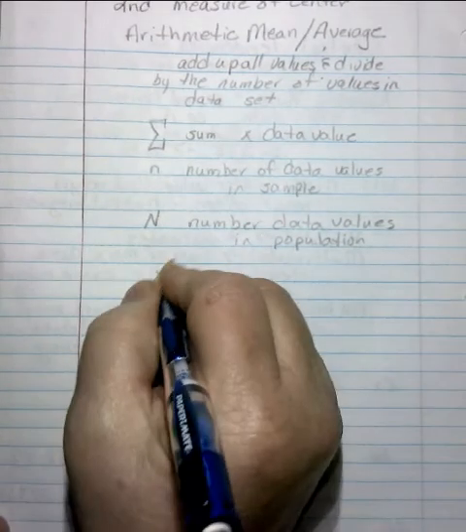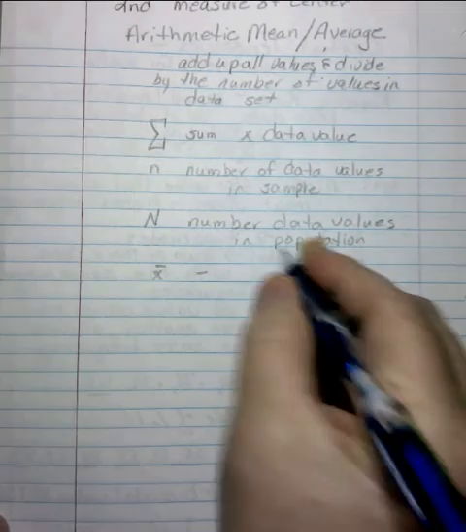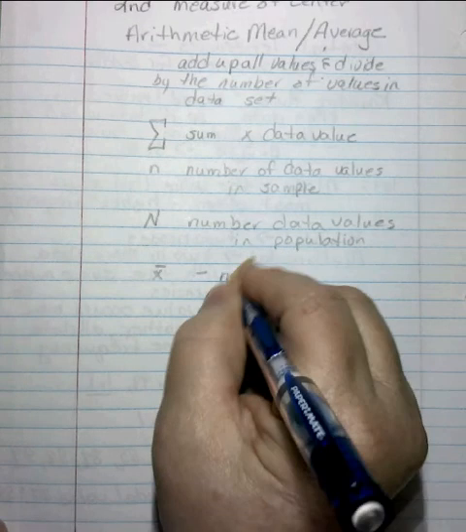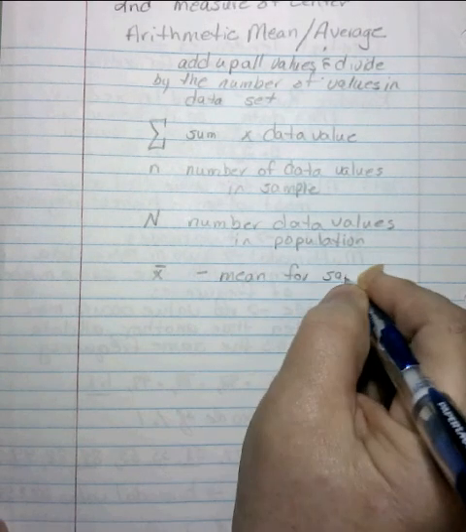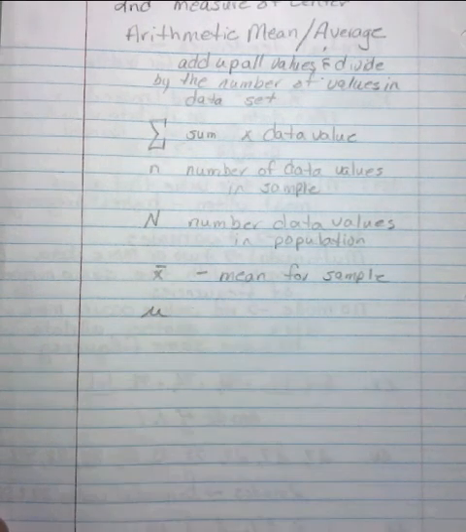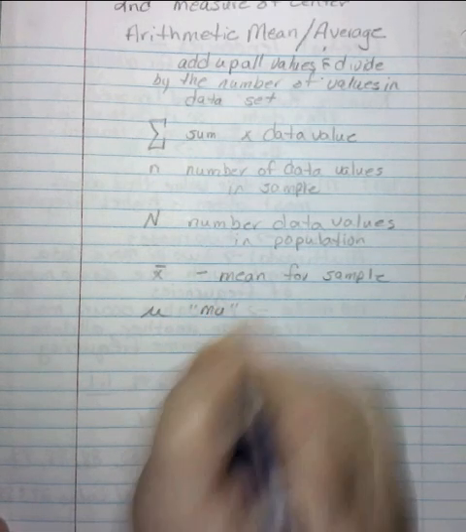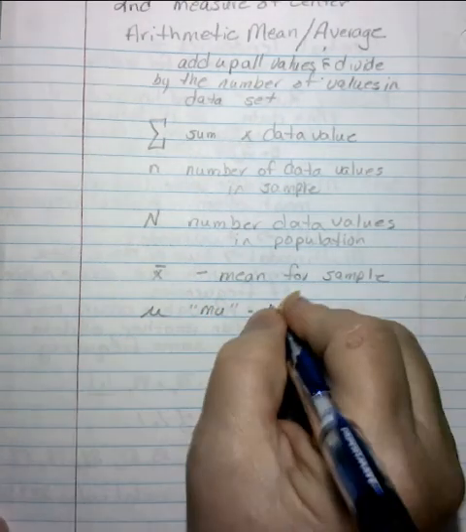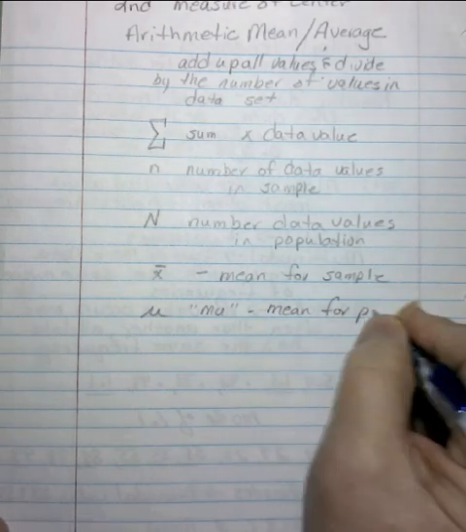Now, an x with a bar over it is considered the symbol for the mean, and that would be for a sample. And then this little Greek letter that is called mu, that's how you pronounce that, is the mean for the population.